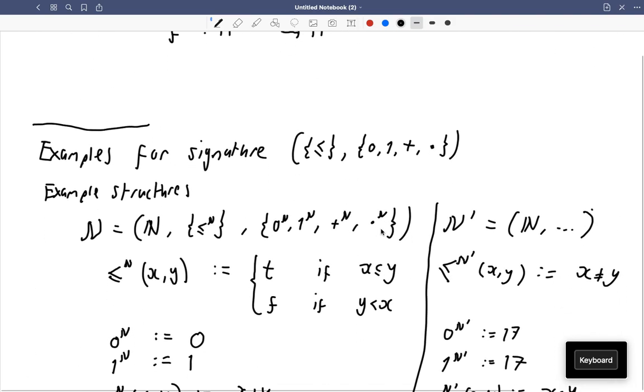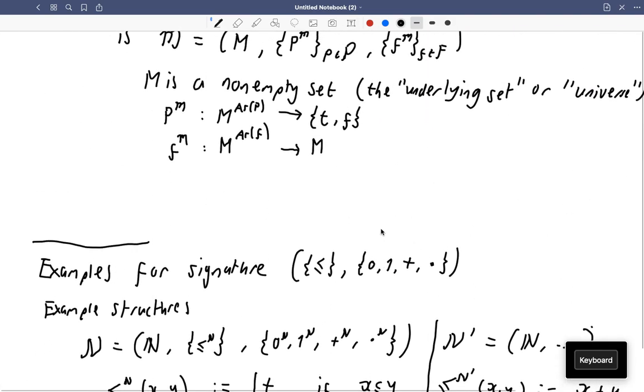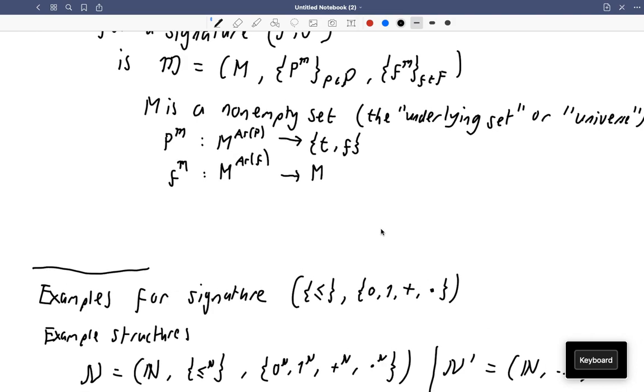Before moving on, I just want to mention one little difference with the textbook. In the textbook, the interpretation of predicates is not a function from the arity of the predicate symbol to truth values. It's rather a subset. So they probably don't use the superscript notation as well. I forgot to check on that.